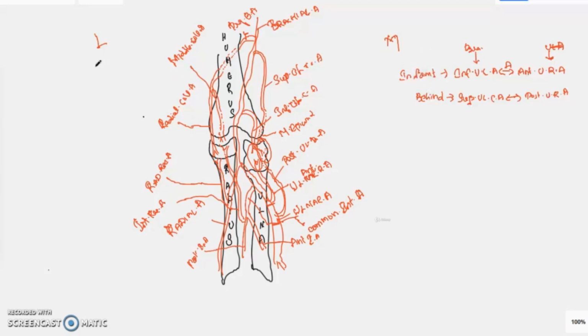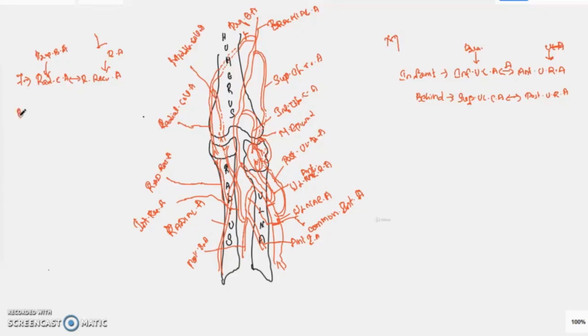Now coming to lateral epicondyle, again in front, it is taking anastomosis between radial collateral artery and radial recurrent artery. So this is a branch of radial artery, and this is a branch of profunda brachii artery.